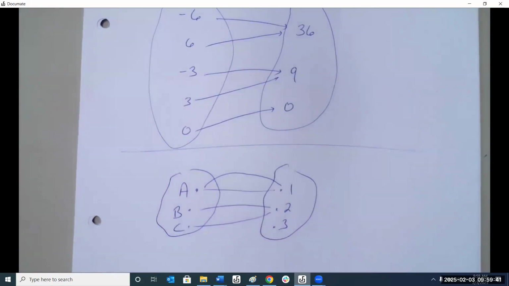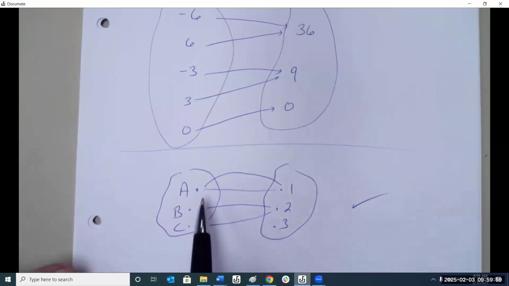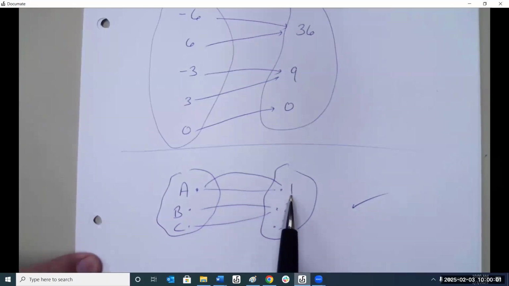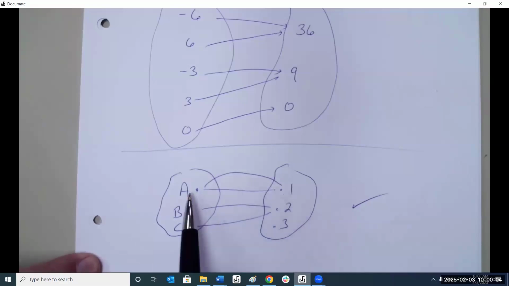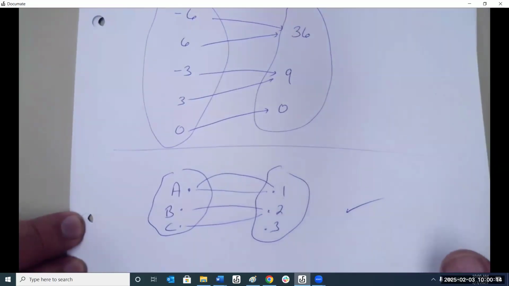Is that a correspondence? You tell me why it is. Yeah. A is going to the same one. As long as it's going to the same one, it doesn't matter how many times it appears. That was a trick question.